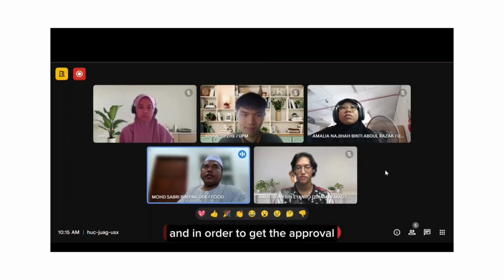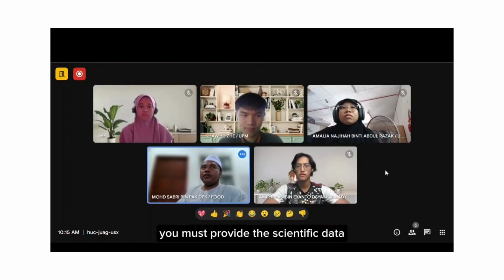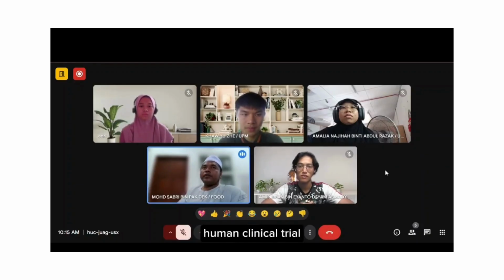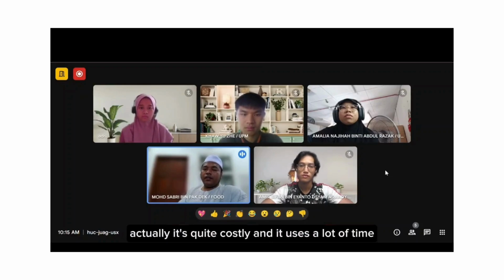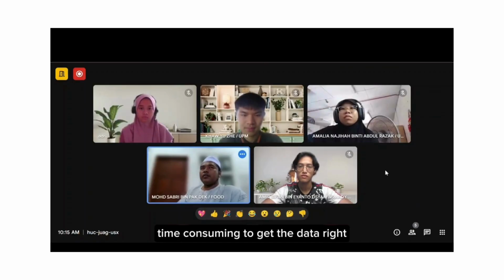And in order to get their approval, you must provide the scientific data, which is derived from the human clinical trial. To get that data is actually quite costly and very time consuming, right?